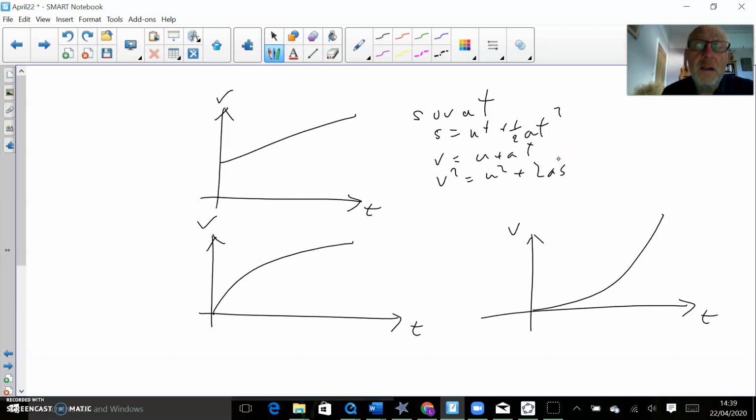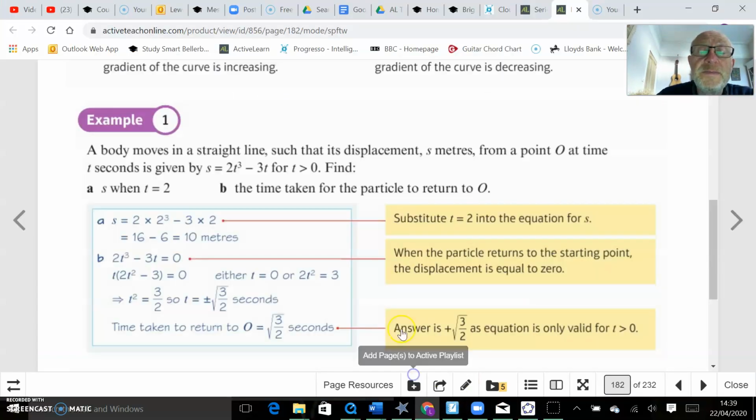It's a very common mistake for students to use the Suvat equations when the acceleration is not constant. When it is variable, there are never any marks for that. It's very important that you remember these equations are for constant acceleration only. So we'll see what we do when we have variable acceleration.